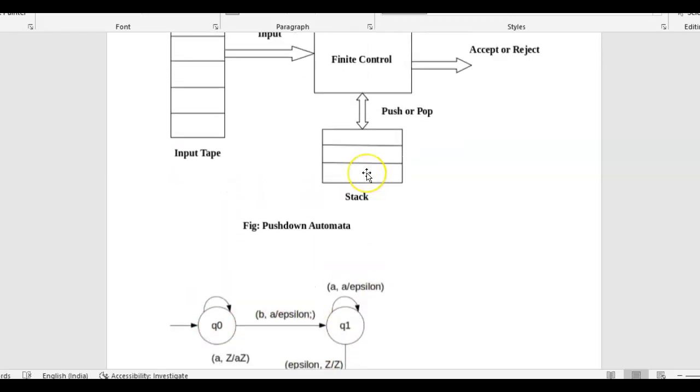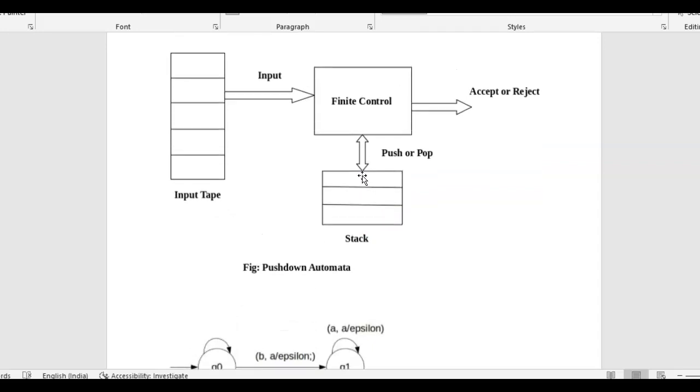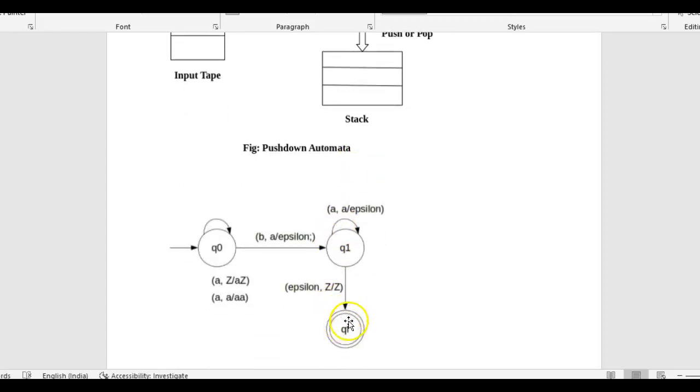Actually, in pushdown automata, we have two types of acceptancy. The one we generally adopt is final state acceptancy, which we already went through in earlier finite automata. The same way we have the final state, which is represented with a double circle. You got my point? Whereas we have another acceptancy called empty stack acceptancy.